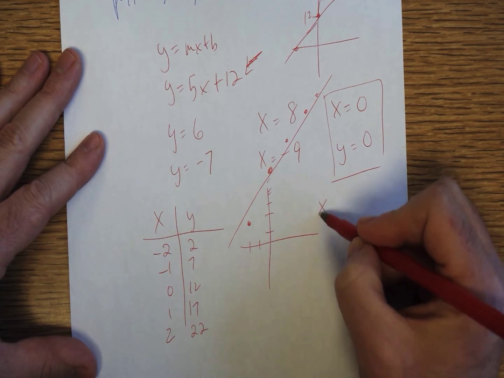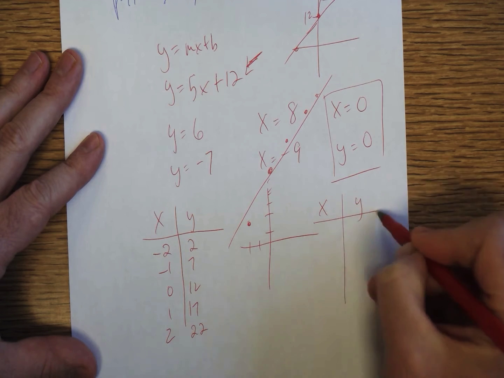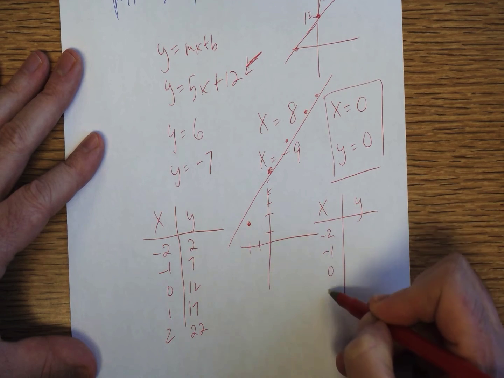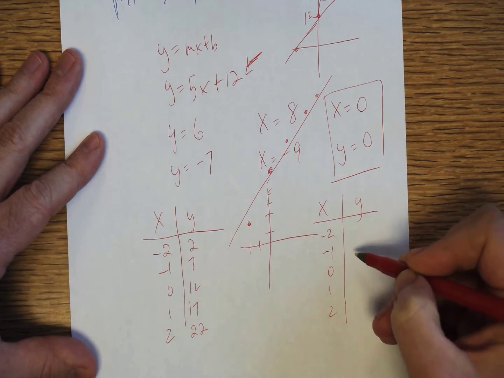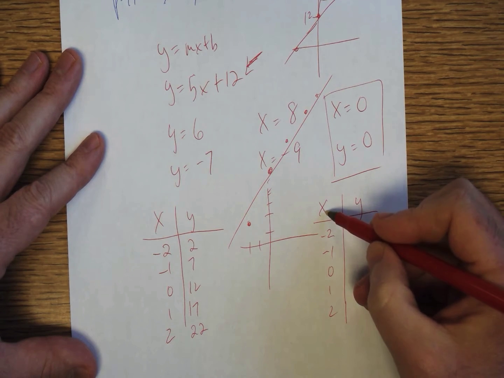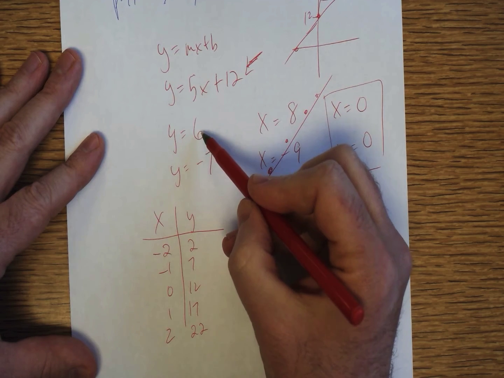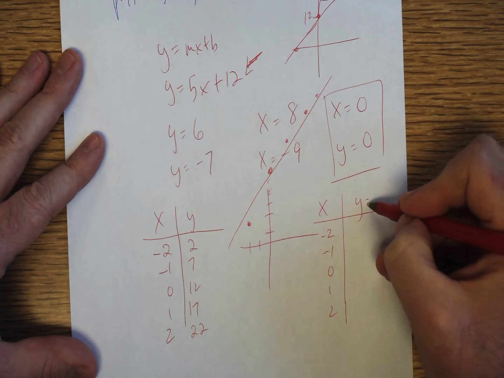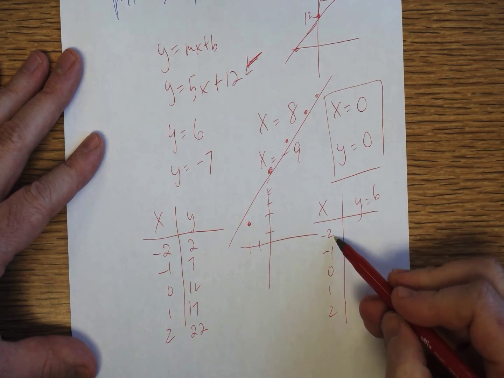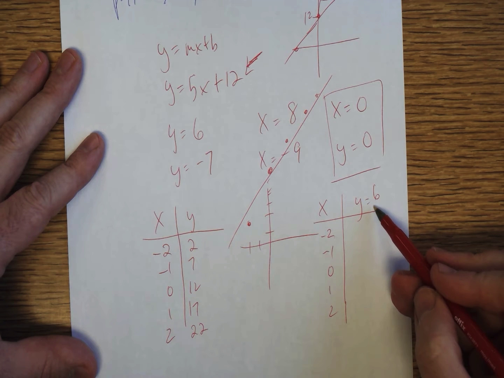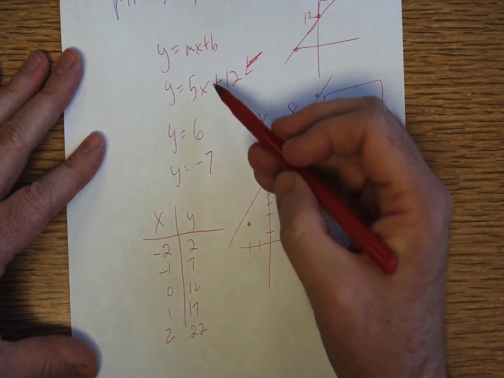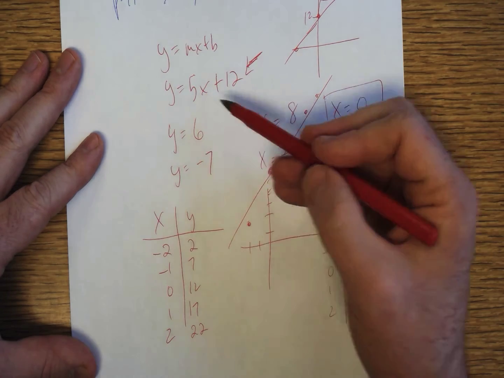So let's have x, let's have y, negative 2, negative 1, 0, 1, 2. If my x input is negative 2, and let's say that y equals 6 is the equation that I'm trying to solve, where do I input x into this? Up here, I put x into there. That was obvious. But what about here?